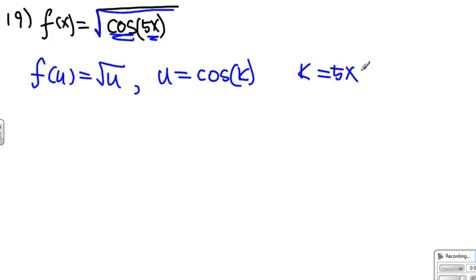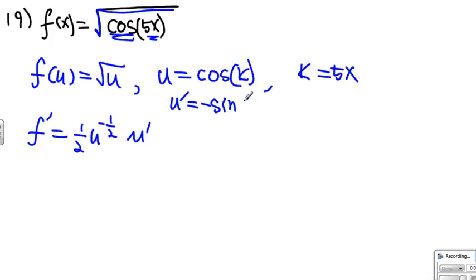Just like the earlier one, number 7 I believe, we have 3 layers here. So f prime becomes the derivative of the square root of u, which is 1/2 u to the negative 1/2 power, and we multiply that by u prime. But what is u prime here? U prime is equal to negative sine of k times k prime.